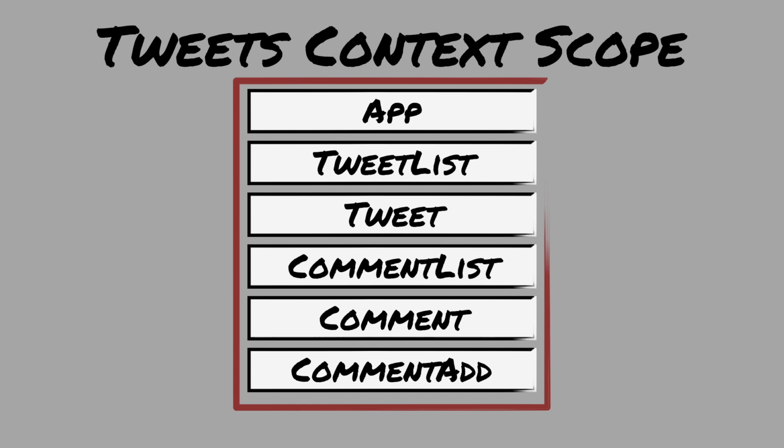This is kind of ridiculous, right? But we will need it to share our add comment function from the app component to the comment add component. The note for you is, always limit the coverage of the context. Don't make it all global, because it makes the components render every time the state in context changes. Don't misuse it.